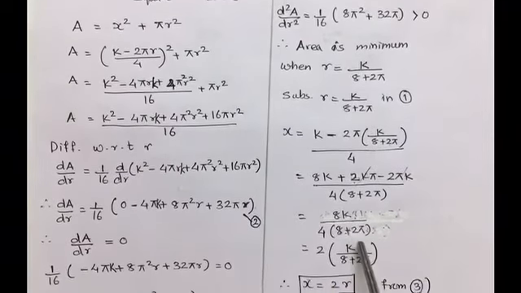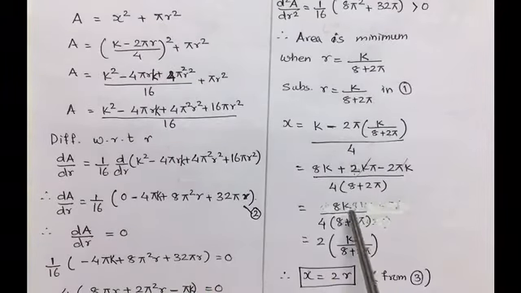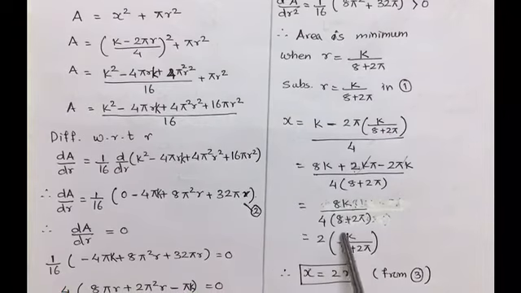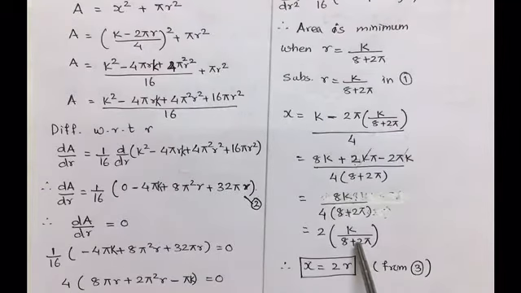So after the cancellation, only 8k upon 4 (8 plus 2 pi) remains. 8 and 4 cancellation gives 2, and writing 2 outside and only keeping inside the bracket k upon 8 plus 2 pi, this value k upon 8 plus 2 pi is the value of r. So we get x is equal to 2r. So the side of the square is double the radius of the circle.